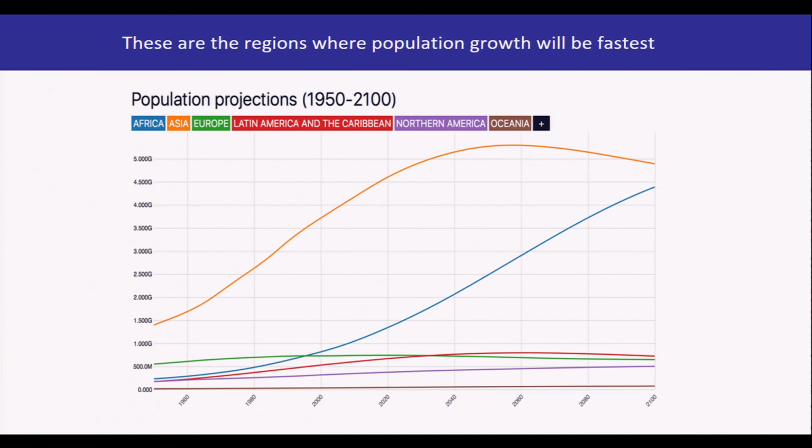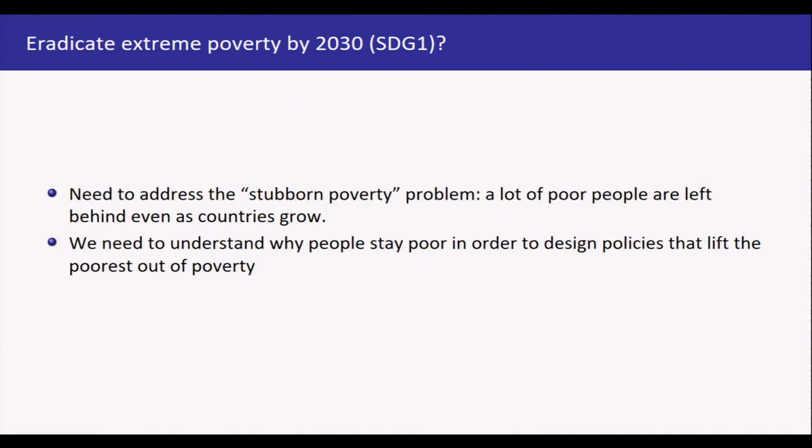So the orange line at the top is South Asia, and the blue line up there is Africa. So it is precisely in the poorest region where most of the poor live, the population growth is going to be higher. So we do have a goal, a beautiful goal, to eliminate poverty by 2030.